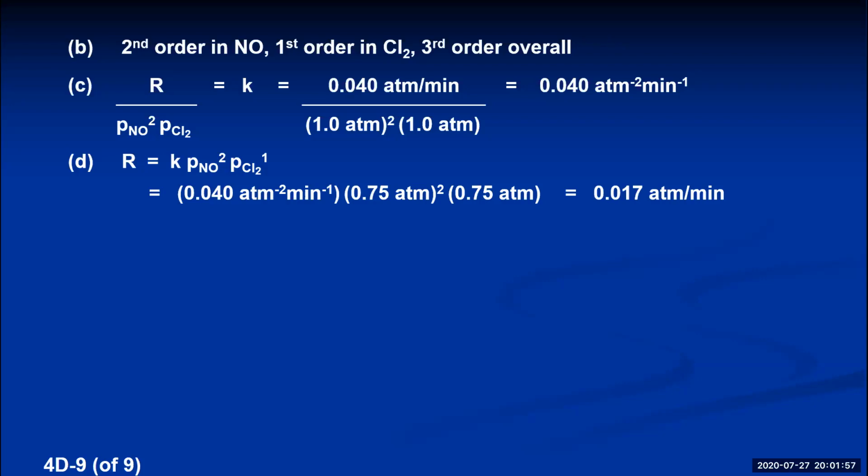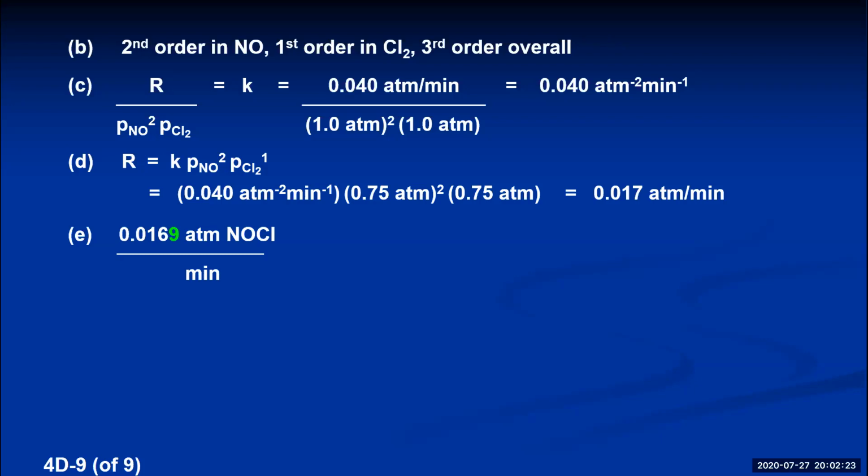And then finally, E, what will be the initial rate in the disappearance of chlorine per minute if the partial pressures of NO and Cl2 are both 0.75. So once again, if we already know what the rate of the reaction is with respect to one of the reactants or products, and using a guard digit, we've just determined in part D that you're forming 0.0169 atmospheres of NOCl per minute.